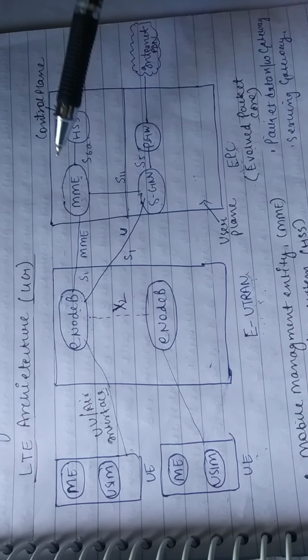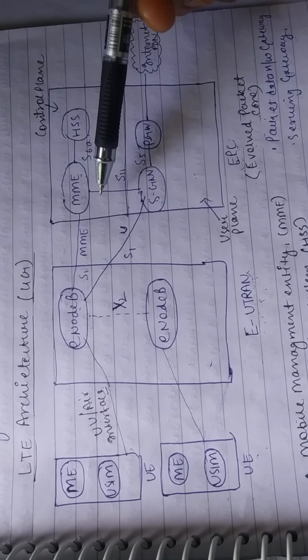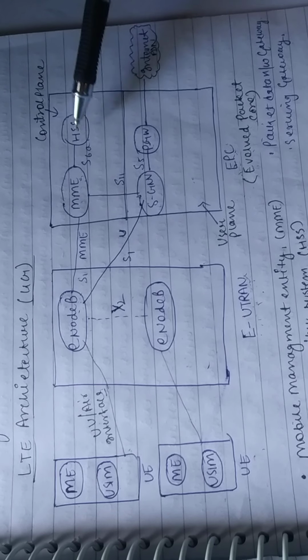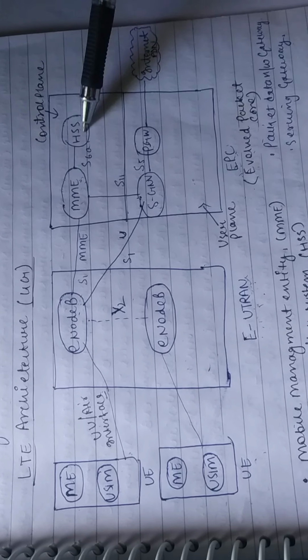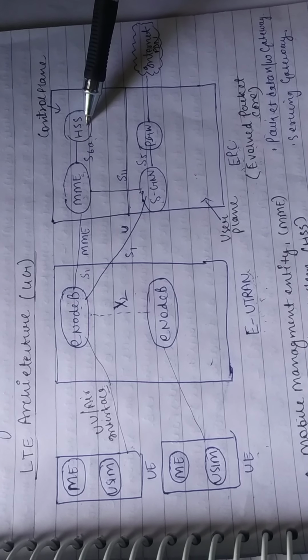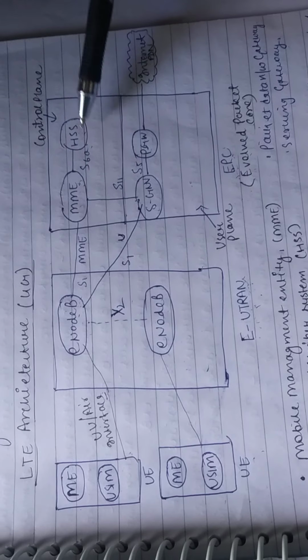If a mobile goes from one place to another, it maintains that mobility. Then this HSS module is connected through the S6a interface. HSS is basically a permanent database of the system.